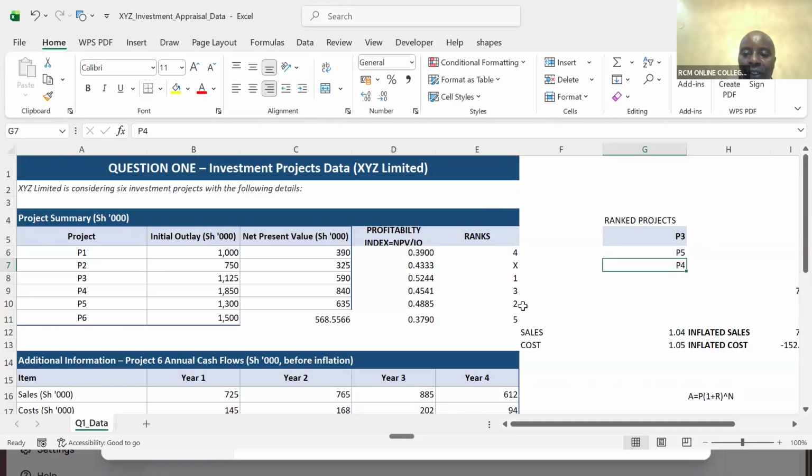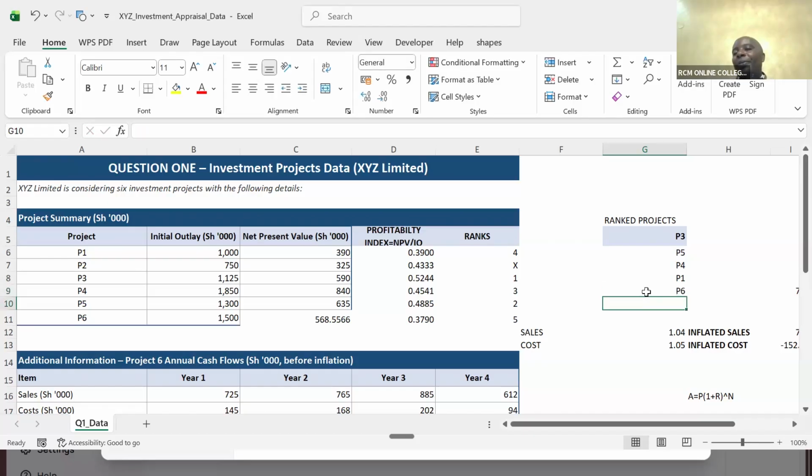From there, the fourth project is project 1. This is not very well aligned, I'll just align it here. And then after that, ladies and gentlemen, we have the very last ranked project, which now is project number 6 here.